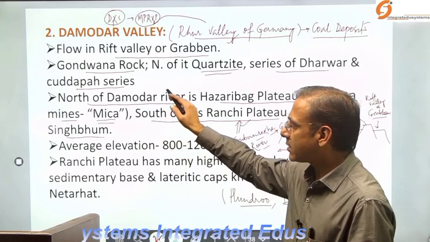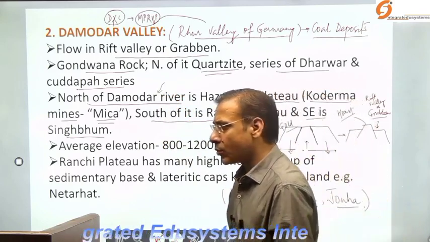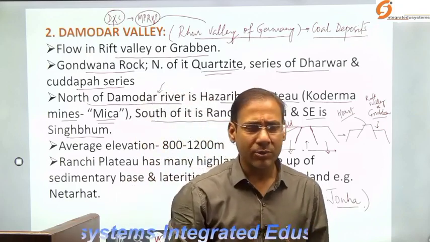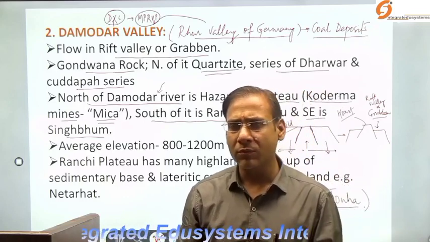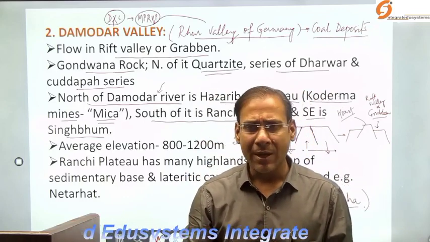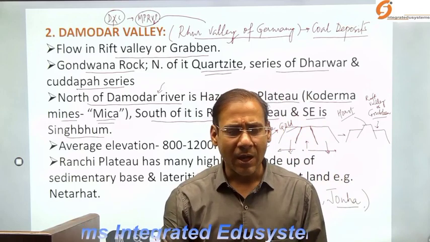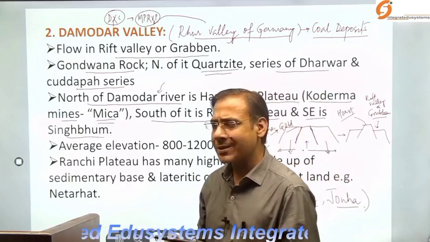Now the Singhbhum region. So I had discussed the feature of the Damodar river valley, which is known for the coal deposits. Okay, but why the Damodar? Damodar is now shrinking because Damodar is flowing through a very important mining and industrial belt of India, and it is a highly polluted river. So due to pollution, now the Damodar is shrinking.